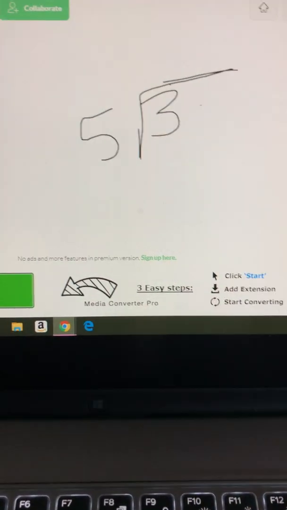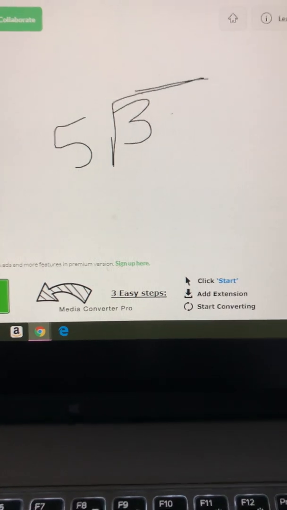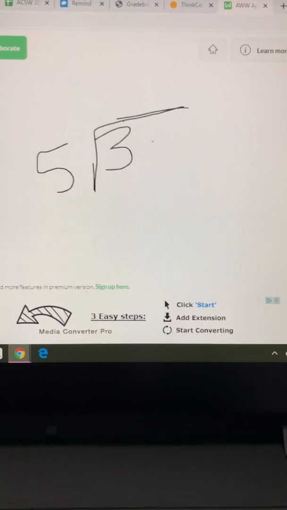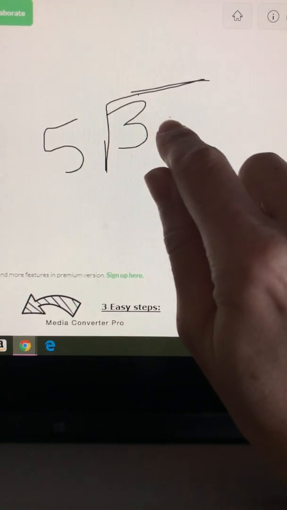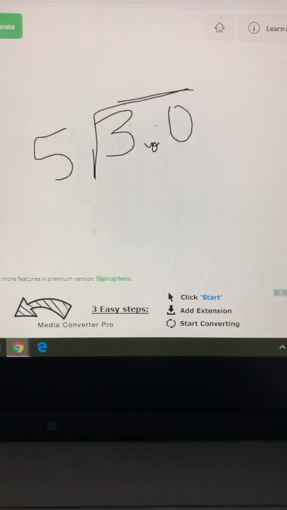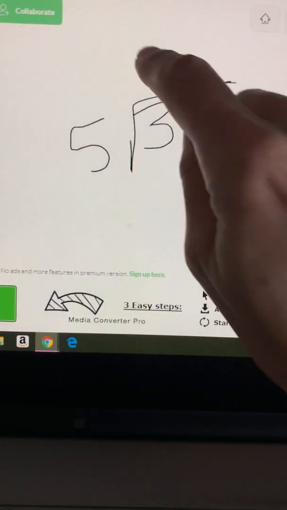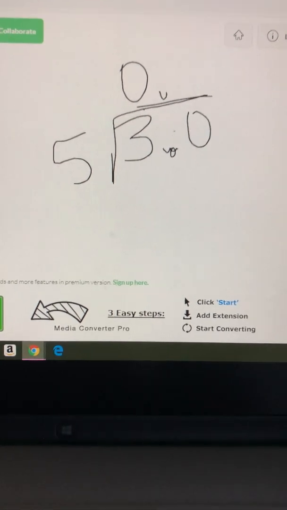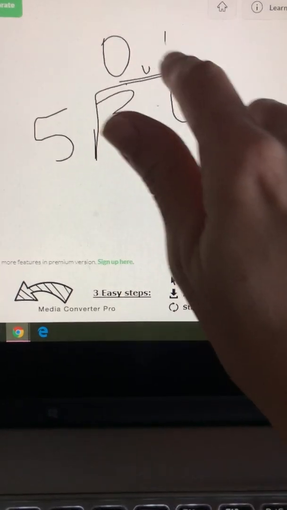Now this is the lesson where we have to add a decimal and zeros in the dividend because 5 cannot go into 3. Okay, so we're going to add a decimal, put a 0. Since 5 can't go into 3, we'll put a 0, bring our decimal up, and then we'll think to ourselves, okay, 5 can go into 30 6 times.